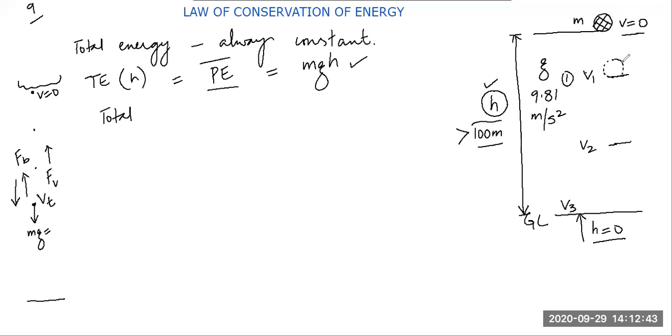See students, whenever you want to calculate total energy, it is always the sum of mechanical energies, potential energy and kinetic energy. Now the body is moving. Obviously at position 1 it will have some potential energy. Why some potential energy? Because this is the height from the ground.